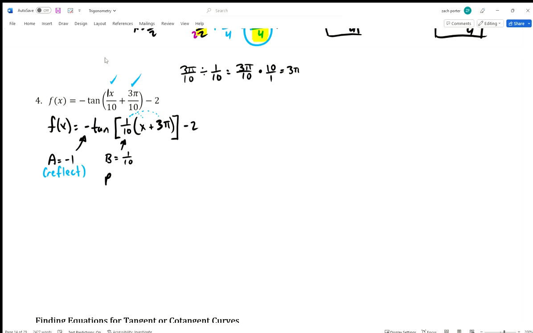The period of a tangent function is always pi divided by whatever b is. So it would be pi divided by 1/10, and then we can multiply both top and bottom by 10. The 10 and the 10 cancel down below, and we're left with just 10 pi for our period.